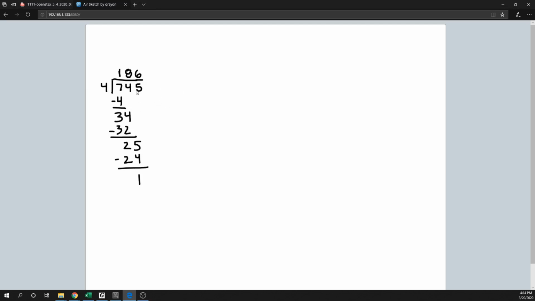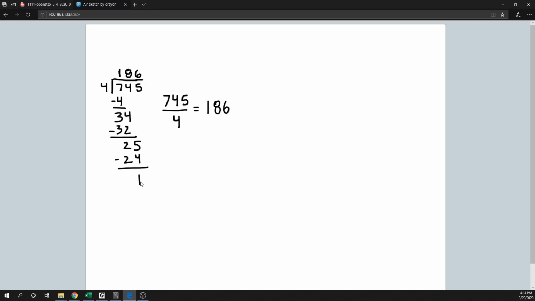Here's what we've got. We did the division, and now writing your answer as a mixed number, the original problem was 745 divided by 4. The whole number part we got was 186.